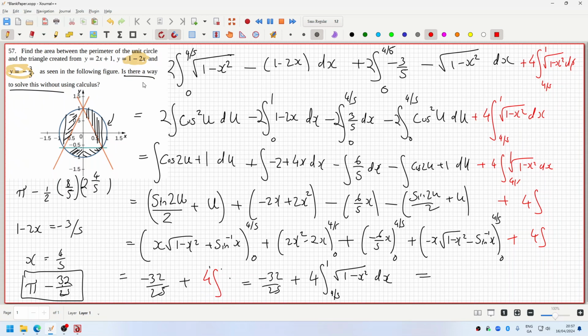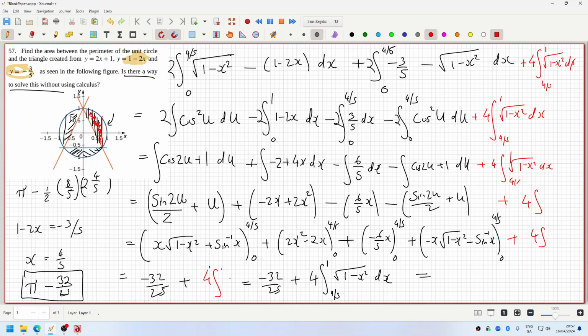So let me just check. 0 to 4/5, which is here, and then the curve minus the line. So that should give you all of that.